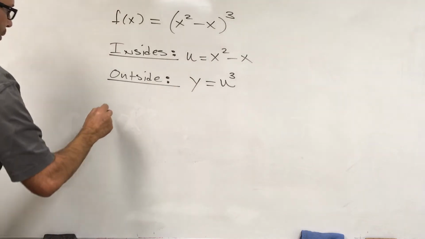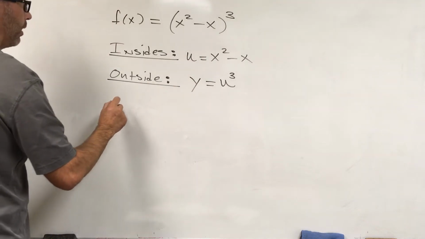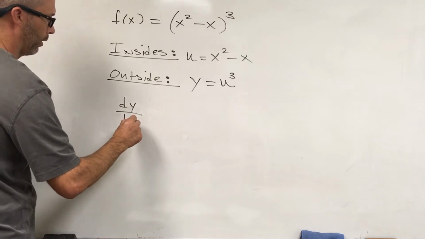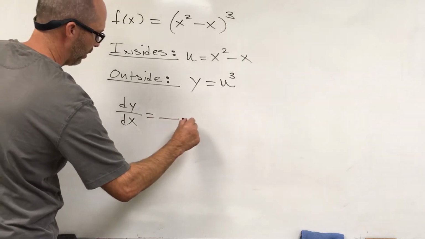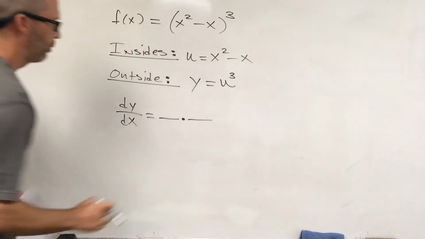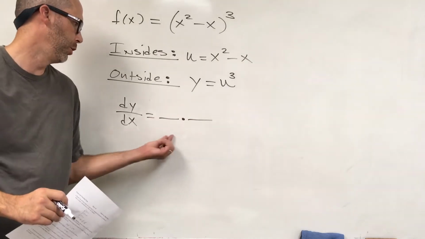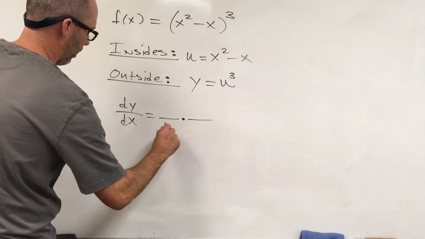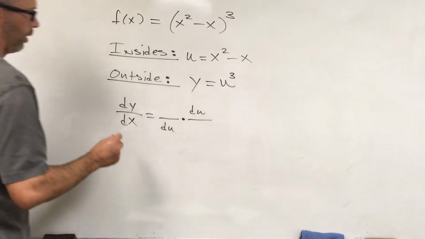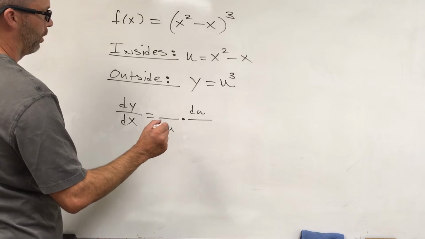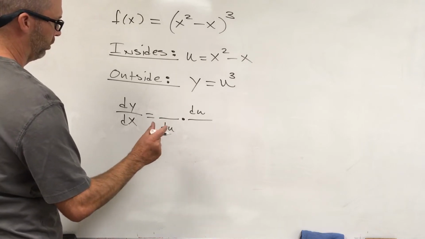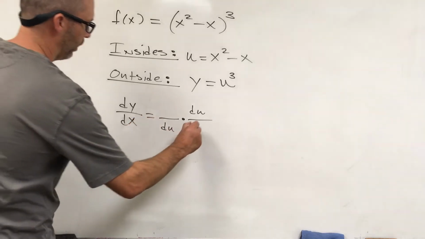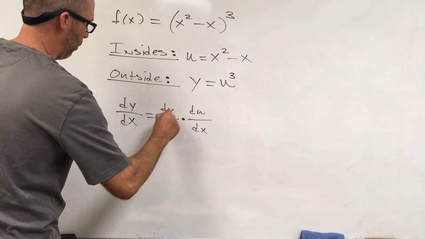Okay, now the chain rule says dy dx is equal to the multiplication of two different derivatives here. Okay, so you got your, let's see, so okay, du dx and dy du.